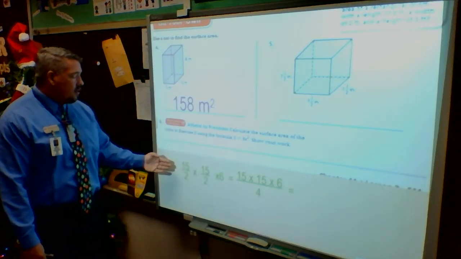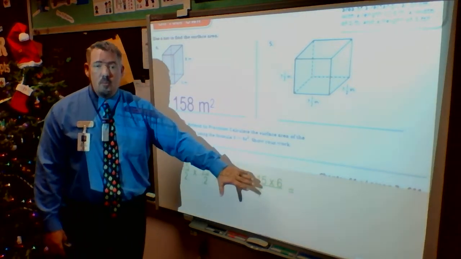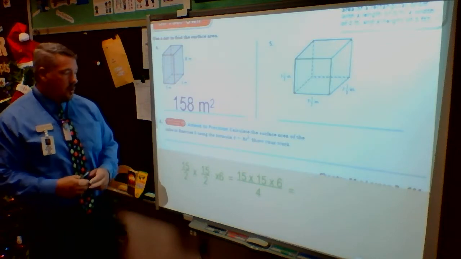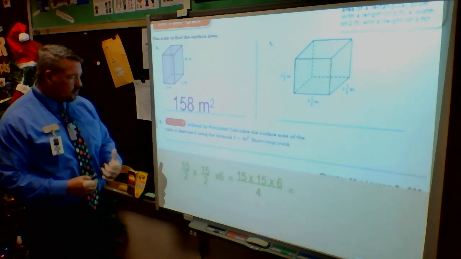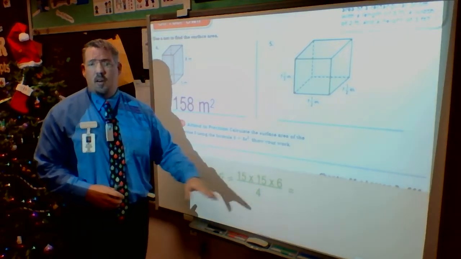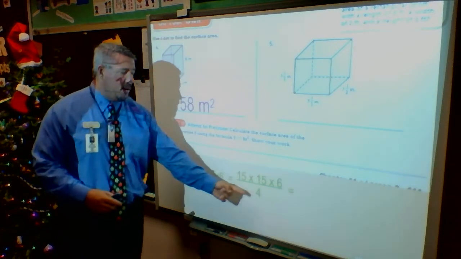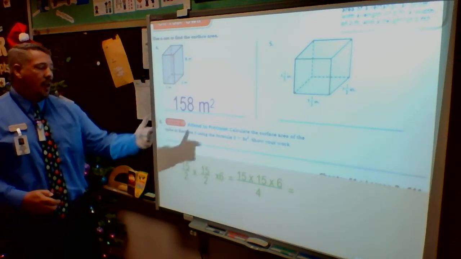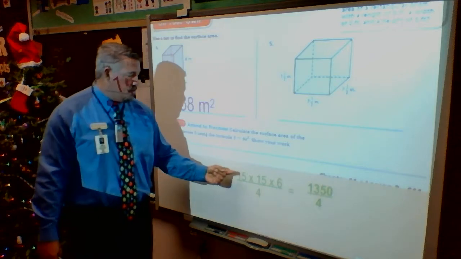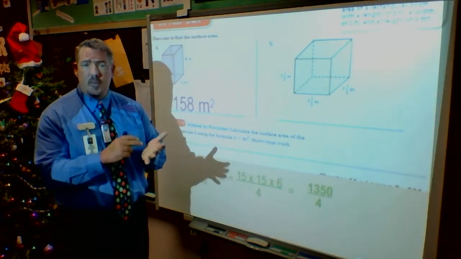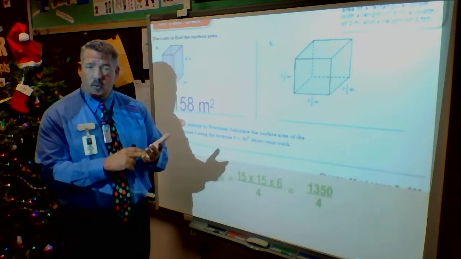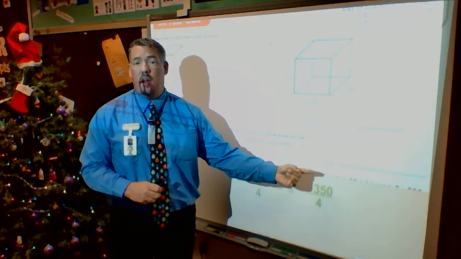So if I show that I'm just keeping my numerators, that's all the book was trying to show you a couple of weeks ago on that lesson. Those numerators stay the same, and I see that my denominator is 4. Then I multiplied my numerators. So when I take 15 times 15 times 6 equals, I get 1,350.